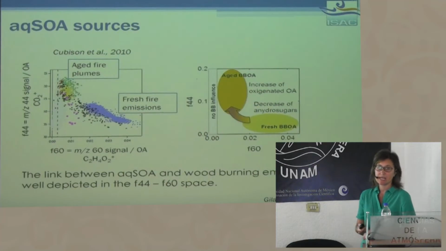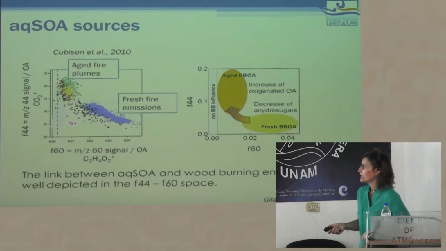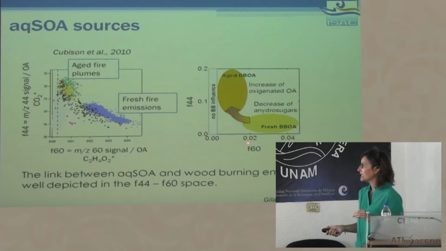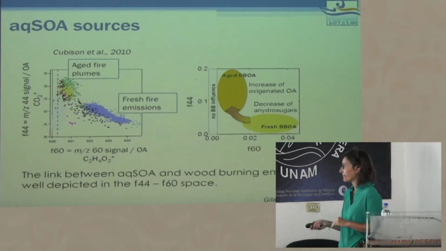But at the same time, since the organic aerosol bulk is oxidized, we expect an increase in the F44 signal. So the aged biomass burning should fall in this region. In addition, literature studies show that when there is no influence of biomass burning at all, the F60 falls in this region, so F60 is below 0.003.